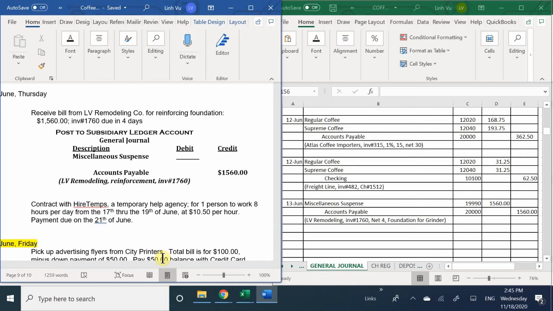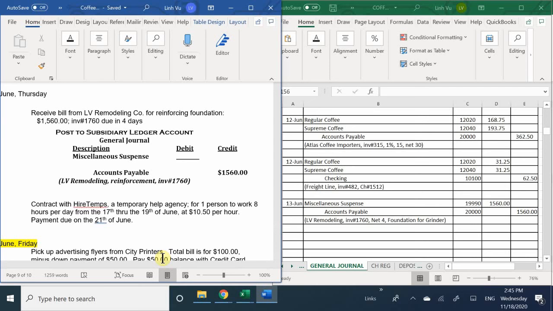Payment due on the 21st of June. Okay, so this is a lot of information. So what you can do here is place this as a reminder in your ledger that when you make a payment, this is exactly what the terms are.